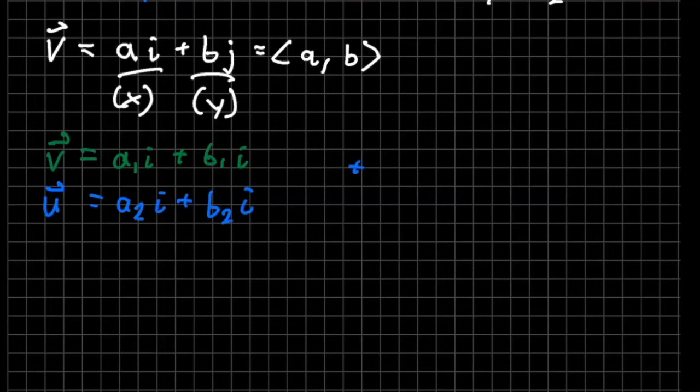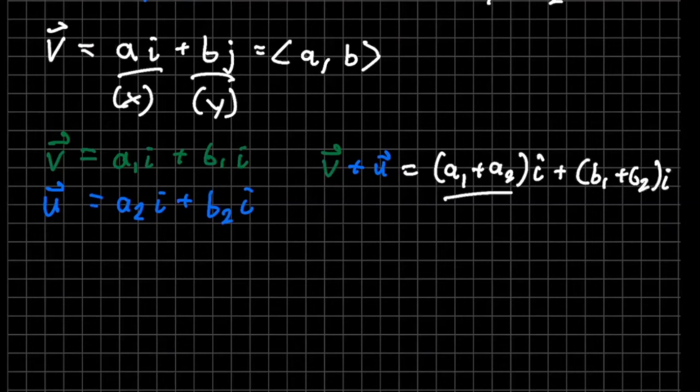To add v plus u, we would add the corresponding components, and we can think about these components like coefficients in front of i and in front of j. So v plus u is equal to a1 plus a2 i plus b1 plus b2 j. So adding the corresponding coefficients or components.